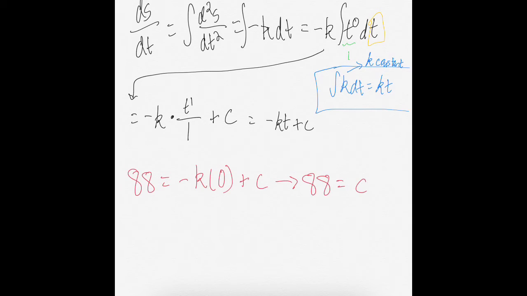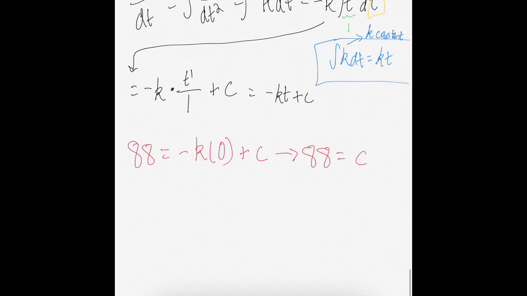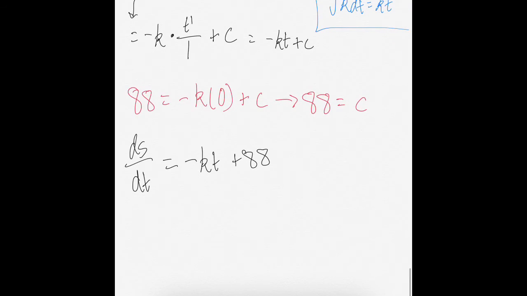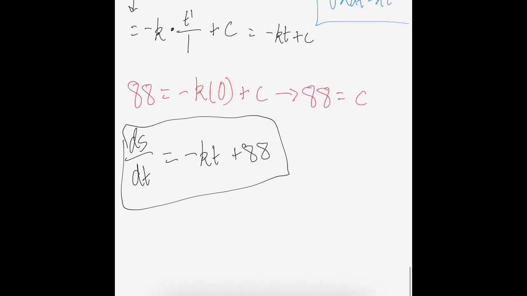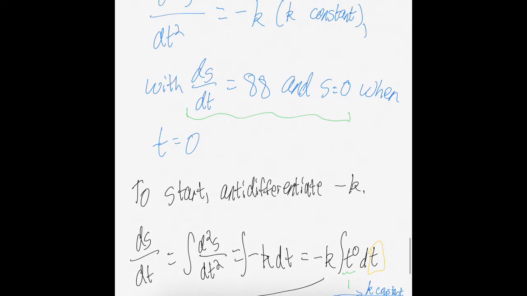So that means that 88 equals c. Usually we just have this variable plus c at the end, but with a bit more information like we've been given here, we can conclude exactly what c has to be. So in general, a formula for ds/dt is negative kt plus 88.